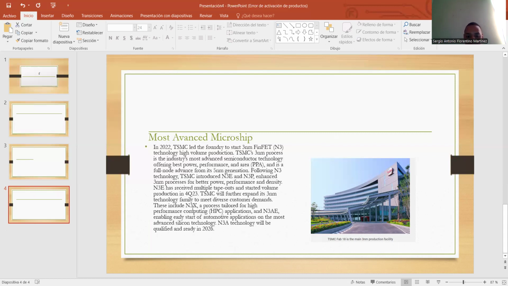These include N3A, a process tailored for high performance computing applications and very early start to mobile applications in the most advanced silicon technology. The technology will be qualified and ready in 2025, 26, excuse me, 26.